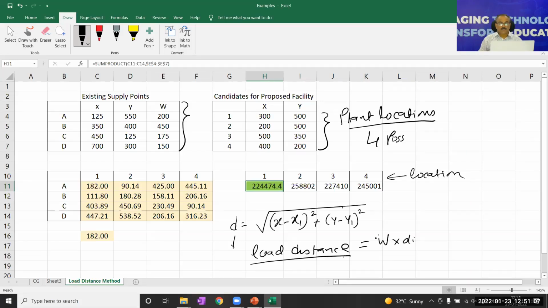And whichever location gives you the minimum value, that particular location will be selected as the location for the facility. Okay, so this is about the load distance method that you can utilize for locating a facility, wherein multiple locations are available, and out of which we have to select one location for locating the facility.